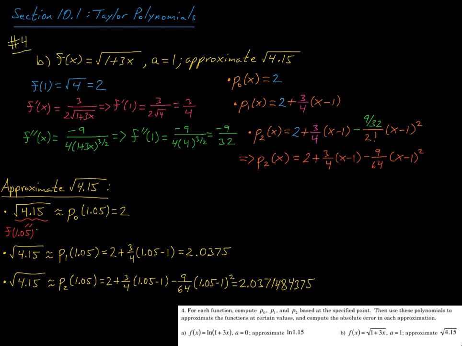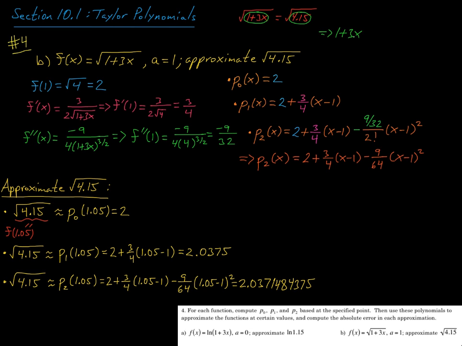Okay, now, again, just like we did in part A, what value of x do I need to plug in to get the square root of 4.15? Well, if the root of 1 plus 3x is to equal the root of 4.15, this is saying I need 1 plus 3x to equal 4.15.